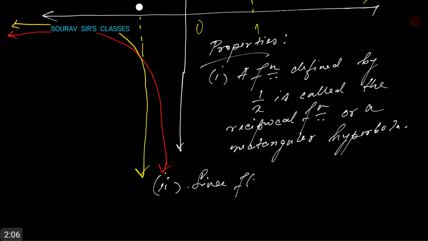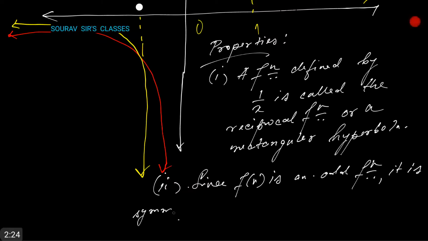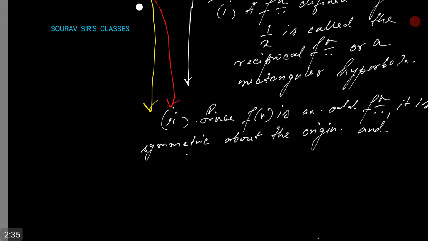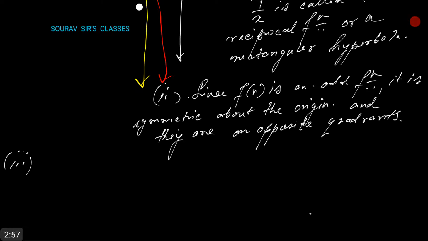Since f(x) is an odd function, it is symmetric about the origin, and the branches are on opposite quadrants. Right? So we'll come to number 3.